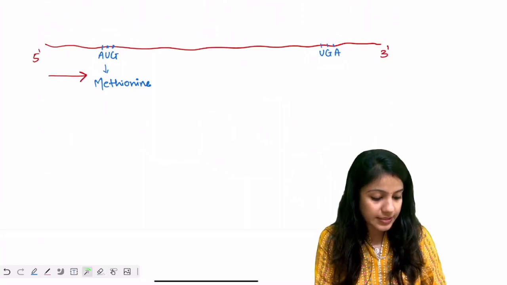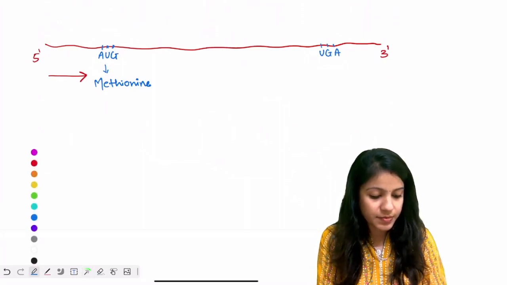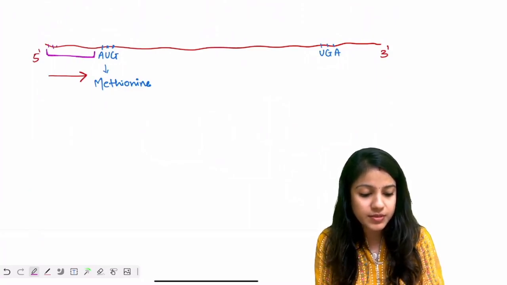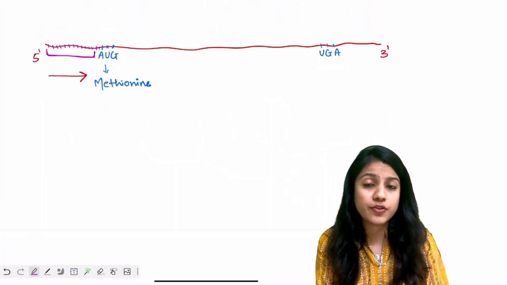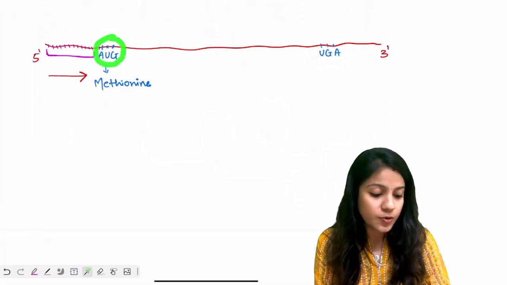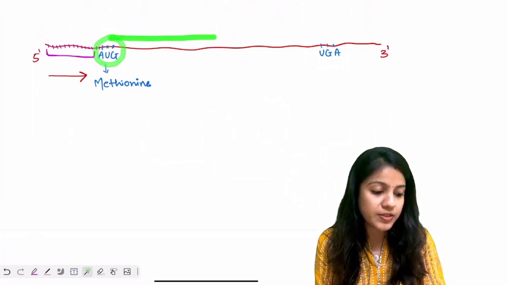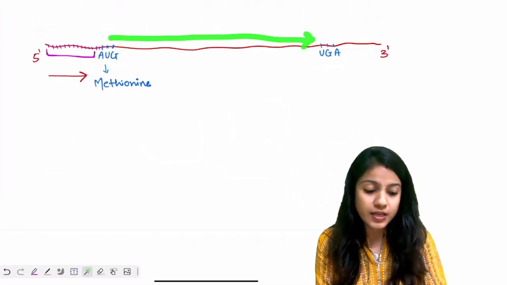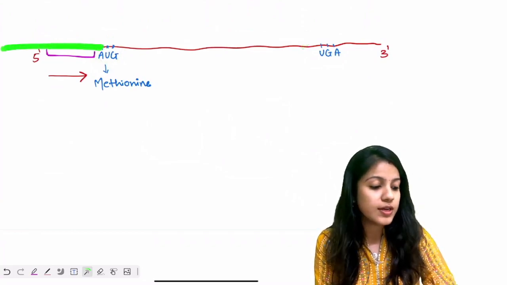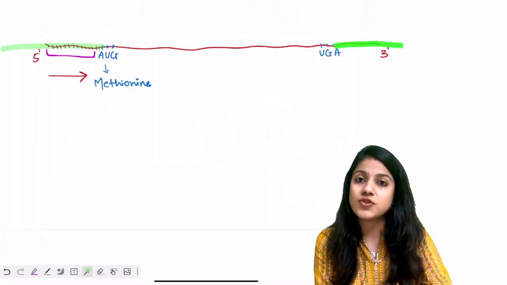So first, let's understand this basic thing: before the start codon, see these are the sequences. Of course, there will be some sequences present which are not helping in the formation of proteins. Why? Because since the start codon is present over here, protein synthesis will happen from here till here, right? So what about the sequences which are present before the start codon and after the stop codon?